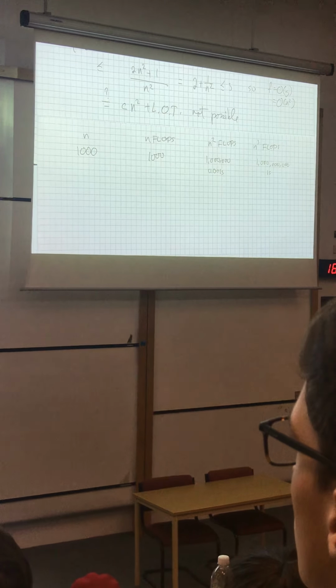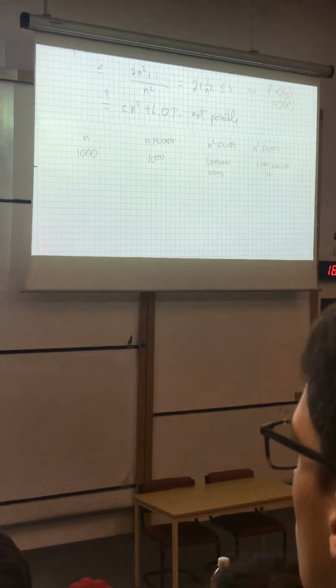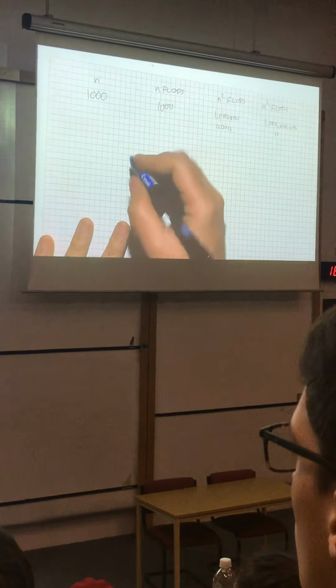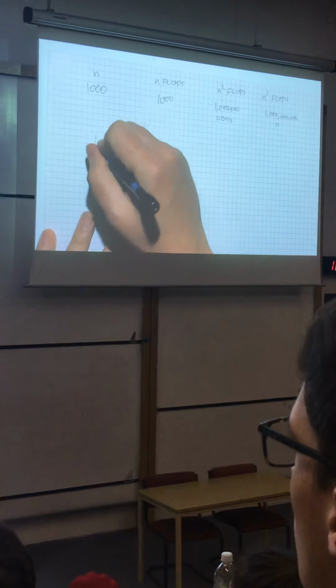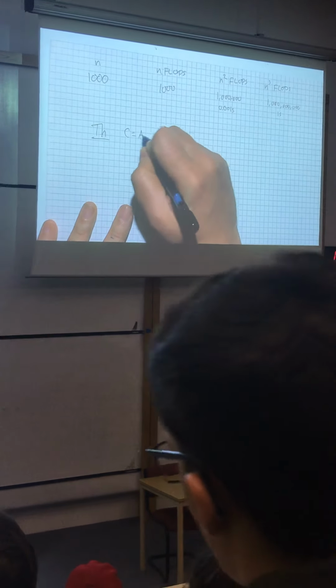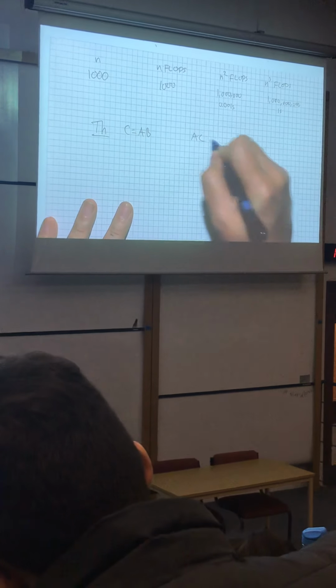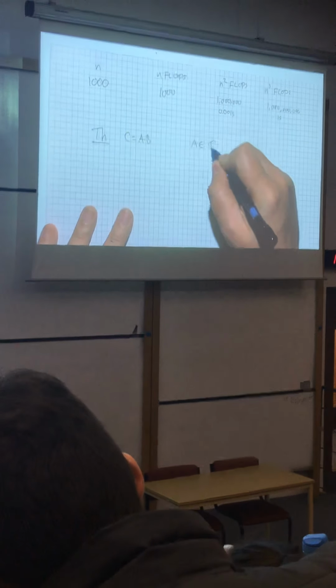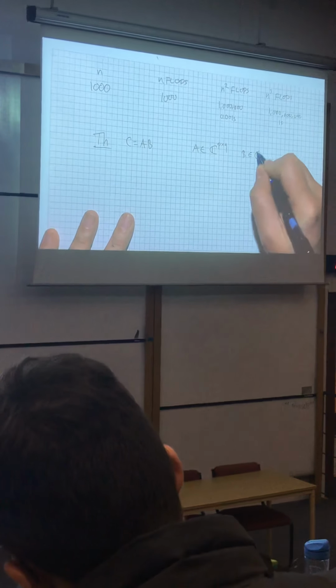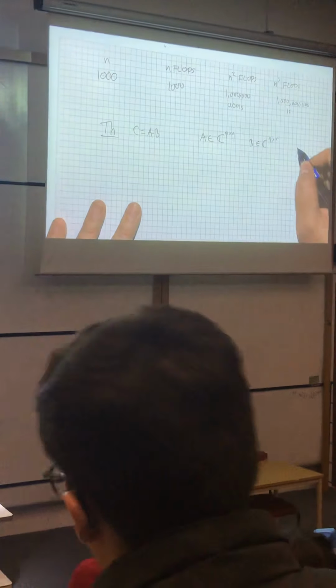Well, it says the answer right here. Theorem: C equals AB. A is a P by Q matrix. B is a Q by R matrix.